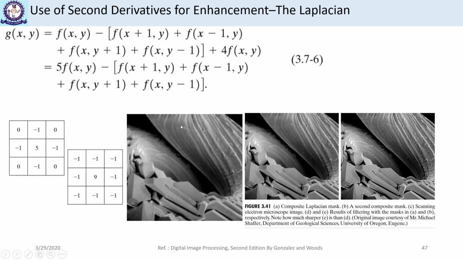This is the enhanced image using the composite Laplacian mask which does not include the diagonal elements, and here we can see that the lines at 45-degree angle are not perfectly enhanced.